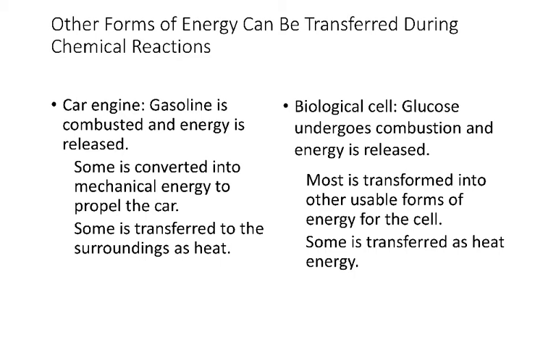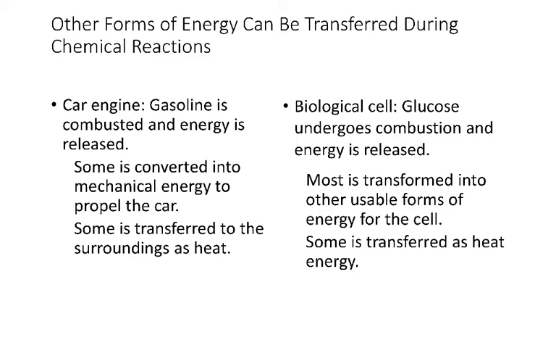That's why we have it there. So some of that potential energy is converted into kinetic energy to make the car go forward. Some is also still transferred to the surroundings as heat, right? If you touch your engine after driving, it would be hot, right? Because it does produce heat, but that's because it's an exothermic reaction.